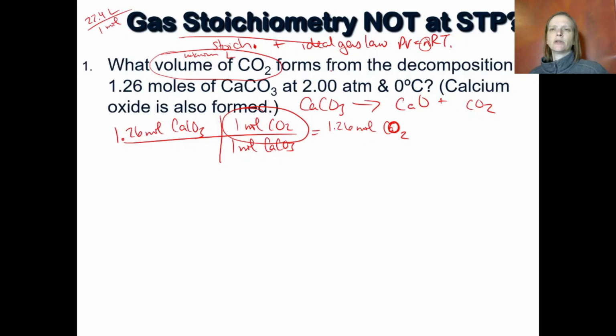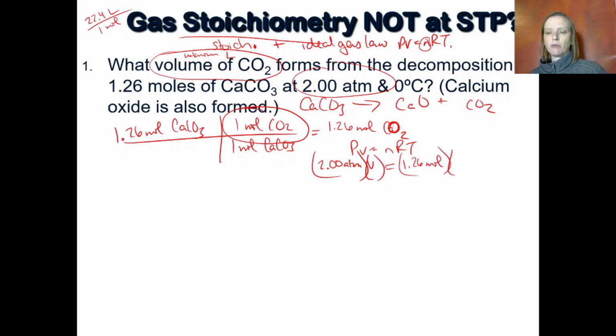My pressure is 2 atmospheres, so I have 2.00 atm. My volume is what I am trying to calculate. My n value is what I just calculated from my stoichiometry, 1.26 moles. My R value needs to be appropriate for a question that uses atmospheres as the units for my pressure.